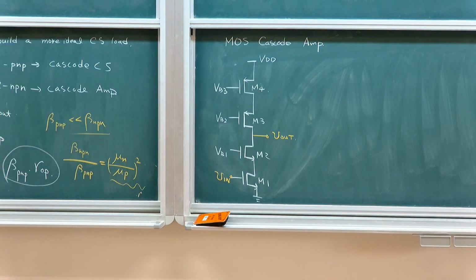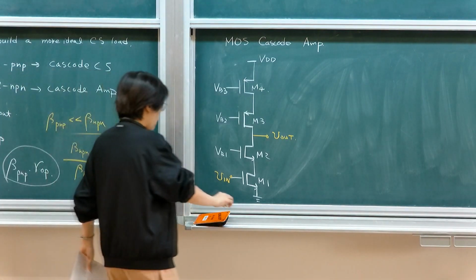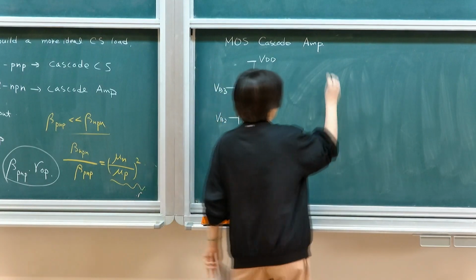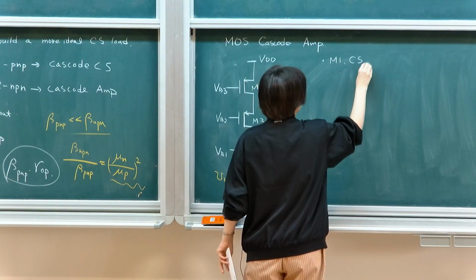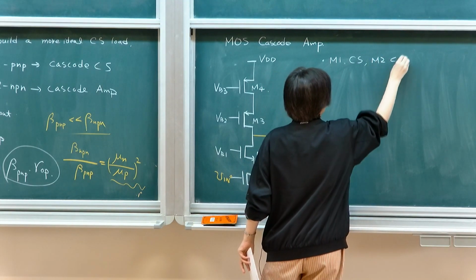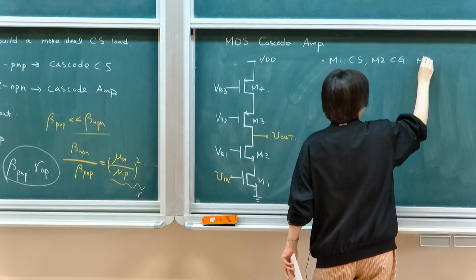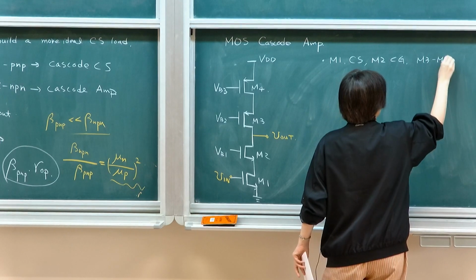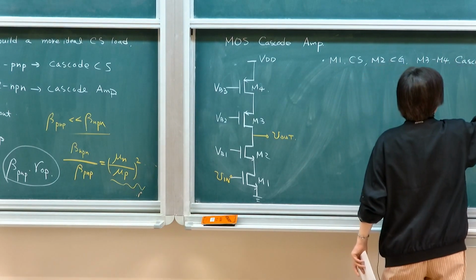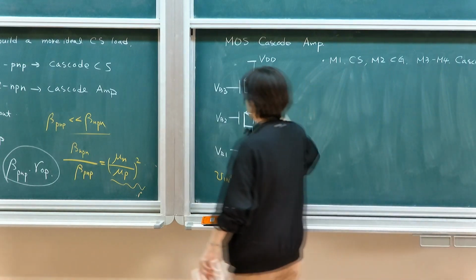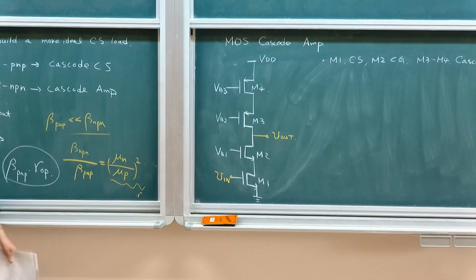Okay? What are the roles they're playing? So as I said, if I'm highlighting, M1 is common source, M2 is a common gate, and 3 and 4 will then construct a cascode current source. So the first thing is that you need to identify what role each of the transistors is playing in this particular circuit.